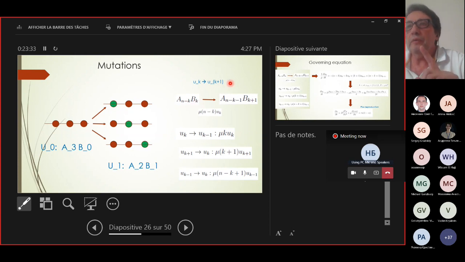So there is 1 mutation of A to B. If there is only 1 mutation here from A to B, we have one less A and one more B. What is important to understand here is that this single mutation from A to B can happen for any of these A. So in fact, this is why we multiply u_k, the density, by n minus k, because there are these n minus k possible places where this mutation can occur, and mu is the probability of mutation.